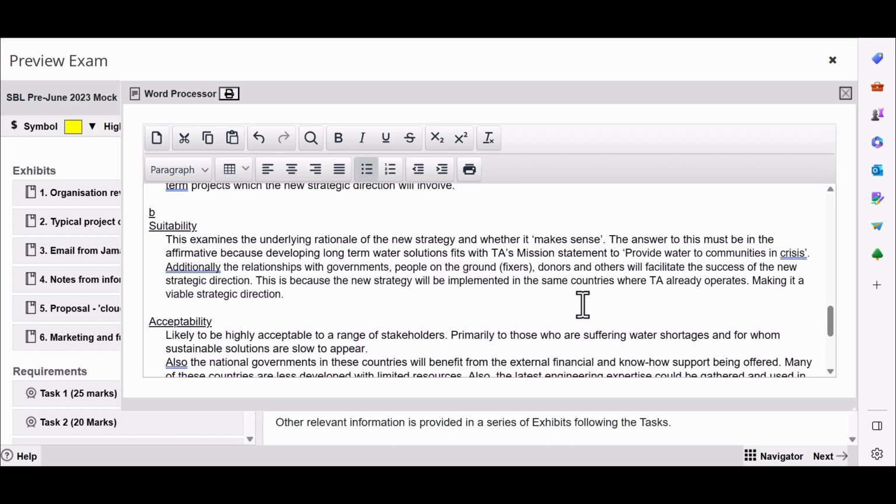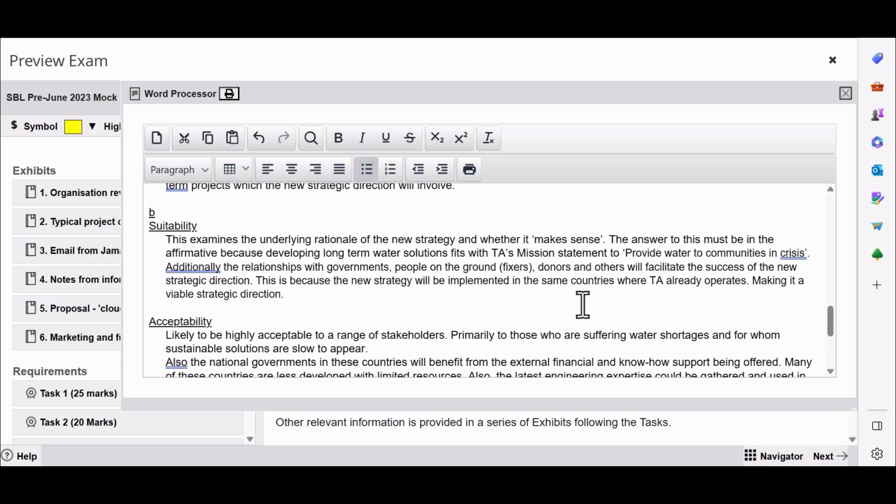And so when you use more than one exhibit to create your answer in SPL, then you get credit for doing that. So I've done that here by talking about more than one exhibit. Developing long-term water fits with TA's mission.